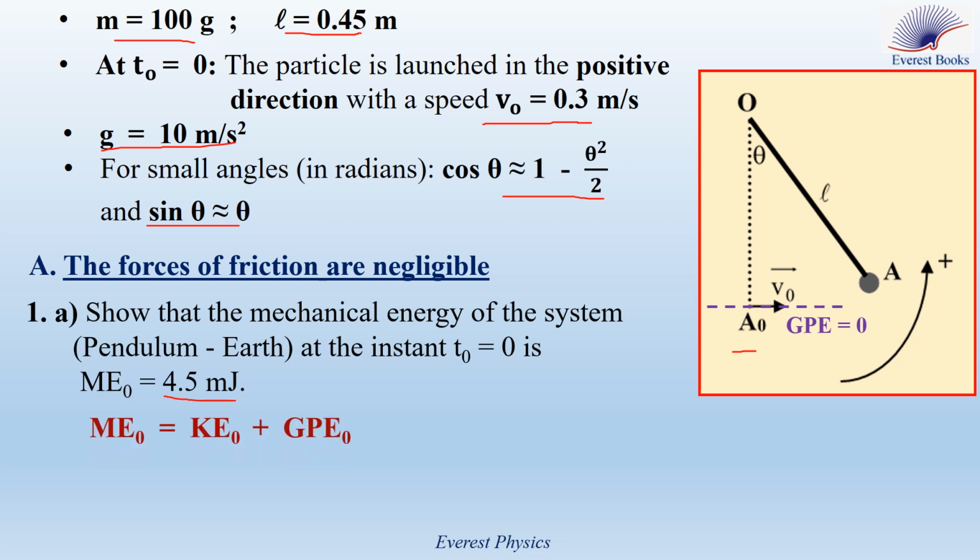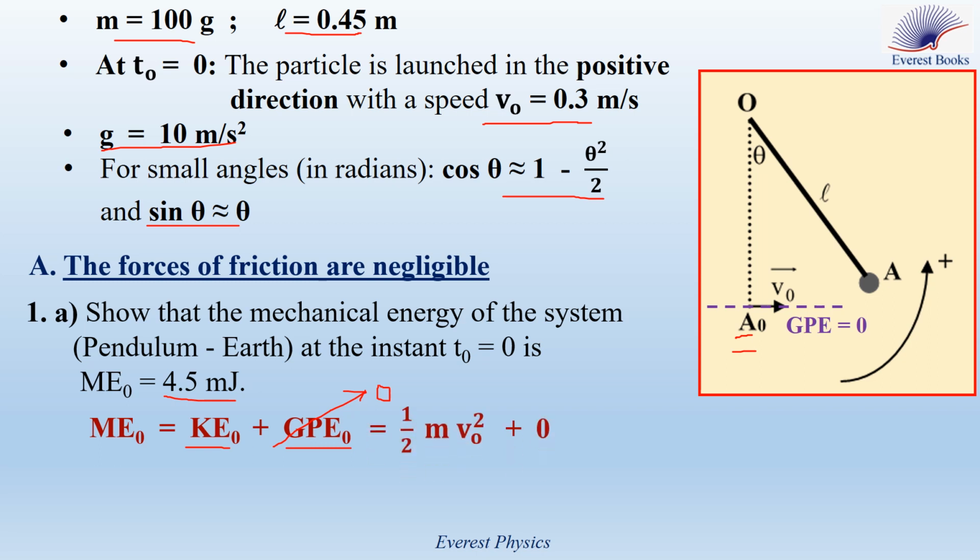The mechanical energy at time 0 is equal to the kinetic energy at time 0 plus the gravitational potential energy at time 0. But at time 0, the object is at the reference level of gravitational potential energy. Then GPE at time 0 is equal to 0.